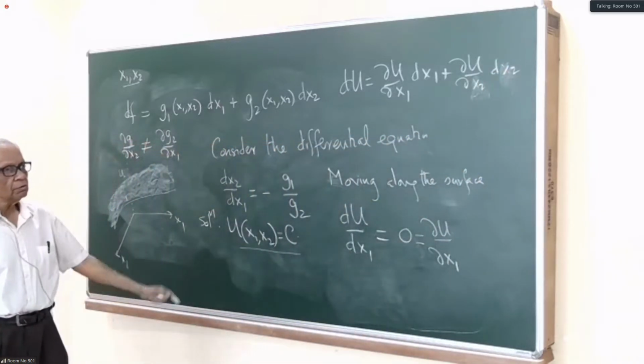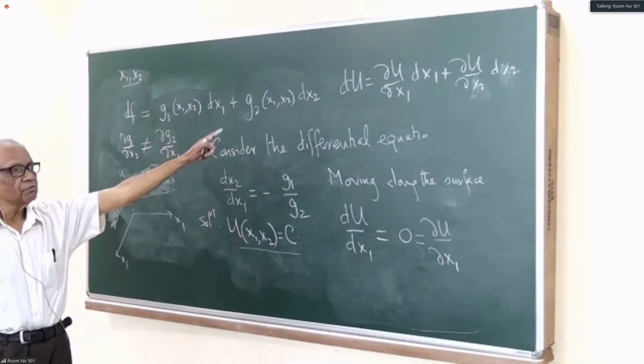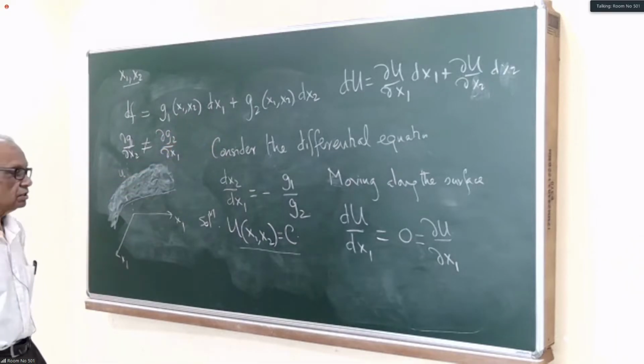So du is del u del x1 dx1, that's this, plus del u del x2 dx2.